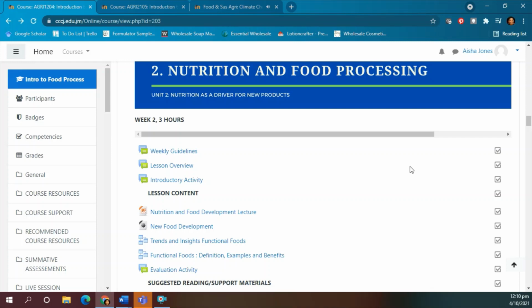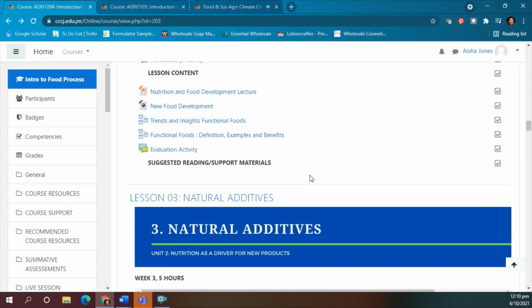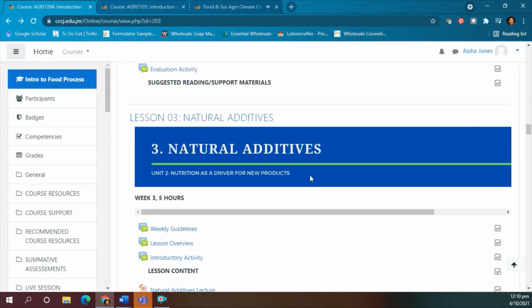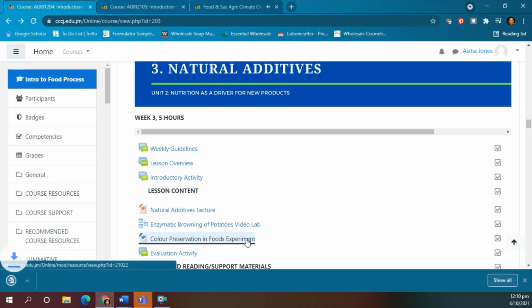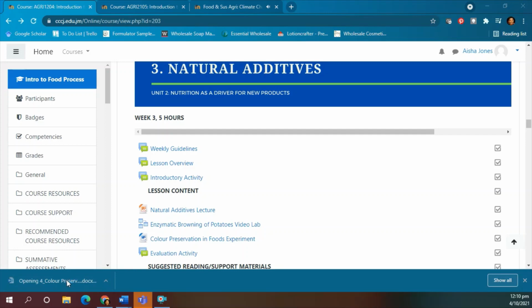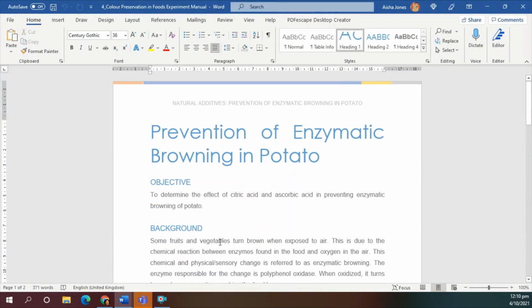So what we've done is that we have provided lab manuals as mentioned. So for example, in lesson 3 for Introduction to Food Processing, this particular lesson is on natural additives. We looked at color preservation in foods. So this particular lab looked at the use of different acids in preserving the color, in this case we would call food quality of food.